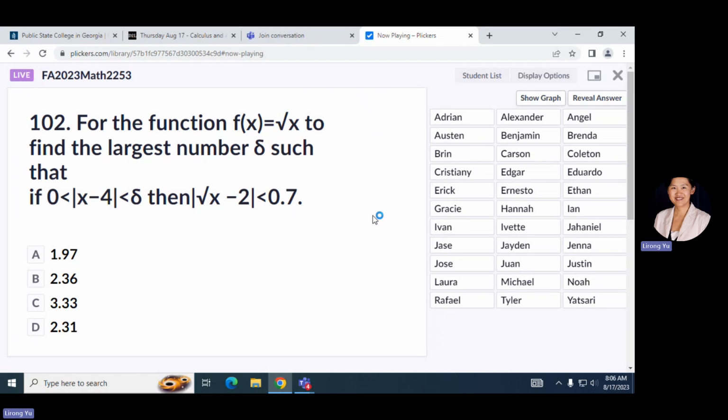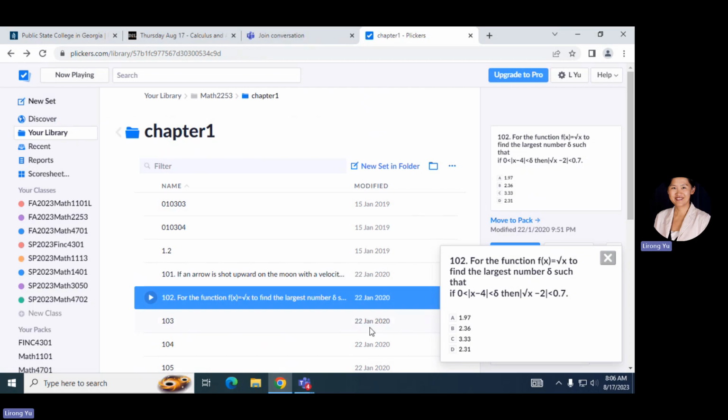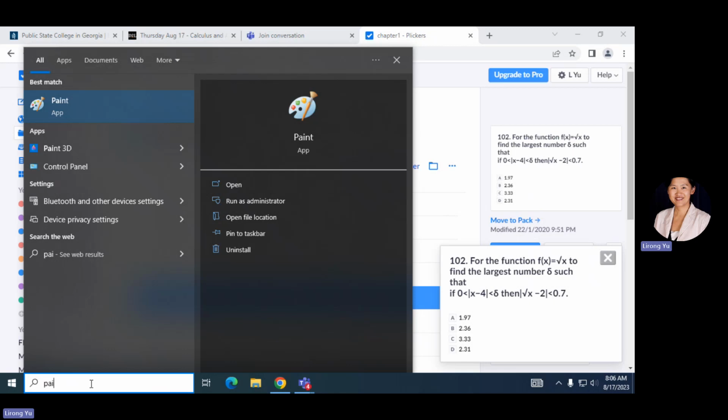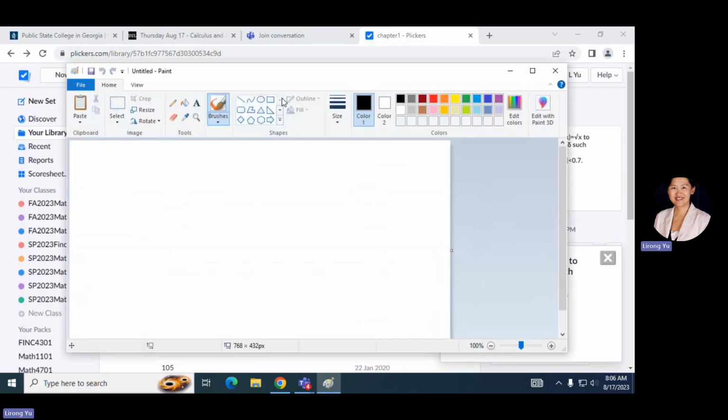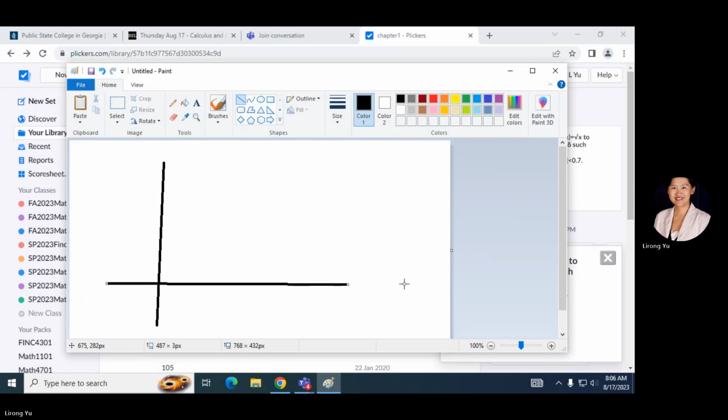Visually, it would look like this if you draw the graph for the root of x function. Okay, so this is the graph for y equal to root of x.